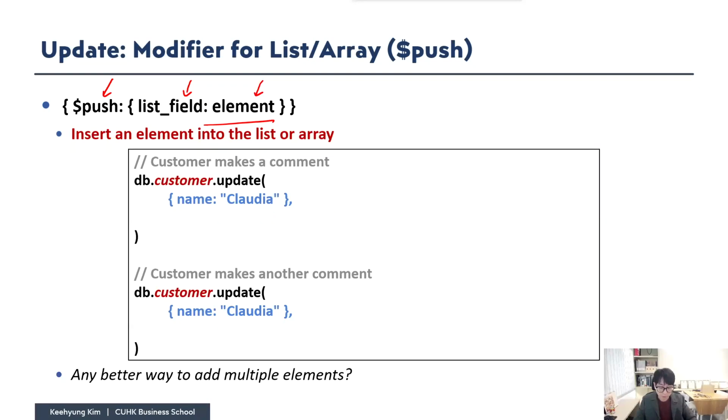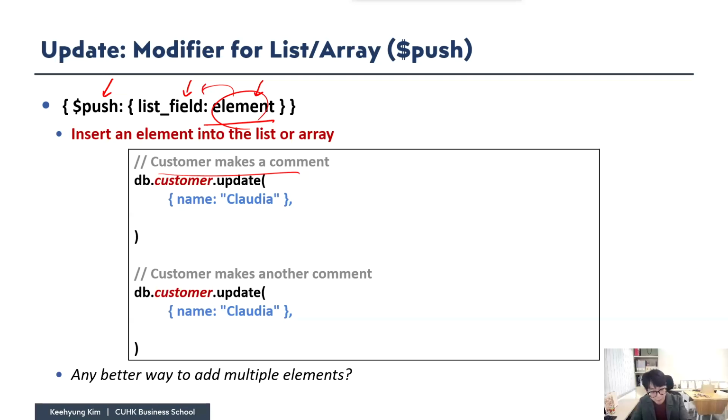Okay, so the push operator is this. If you use this push operator, this element will be added into the list. So let's say that this customer makes a comment. In the customer collection, we have Claudia, and Claudia makes a comment about the company or the product. Then we want to add it into a comments field, and we can use the push operator in this case.